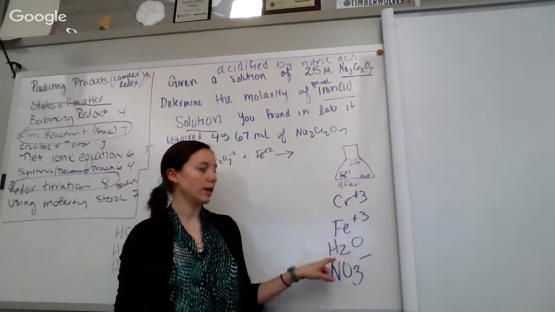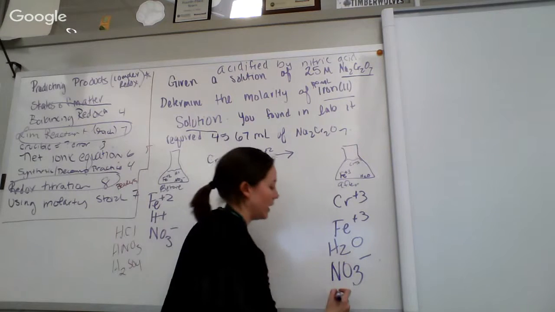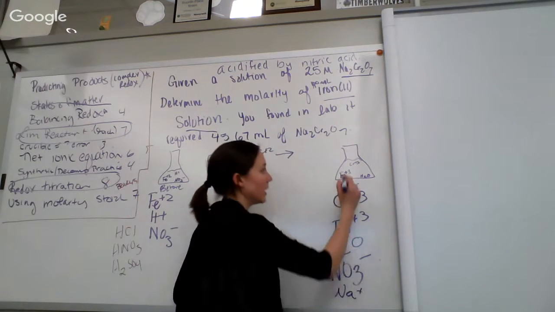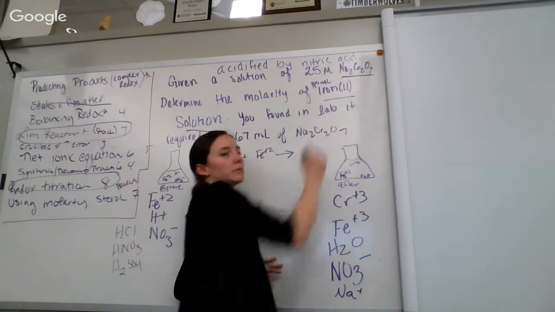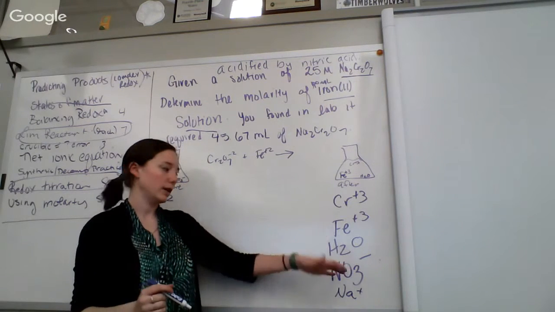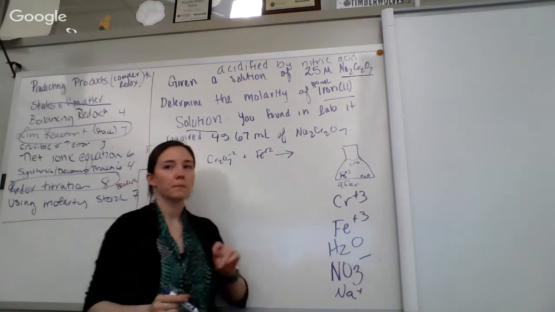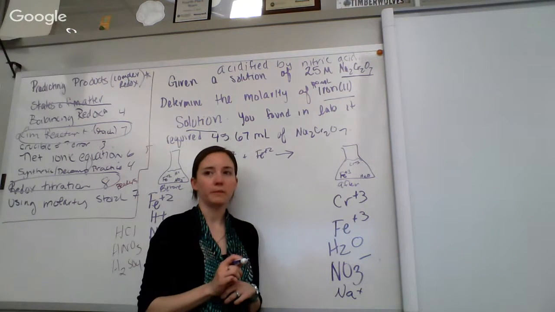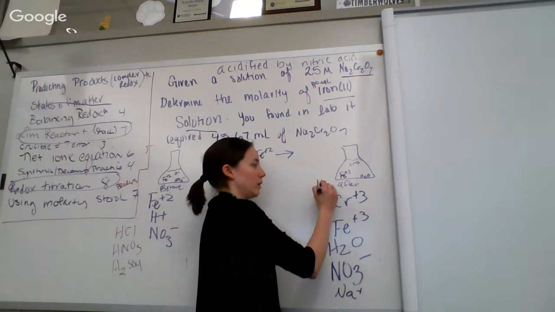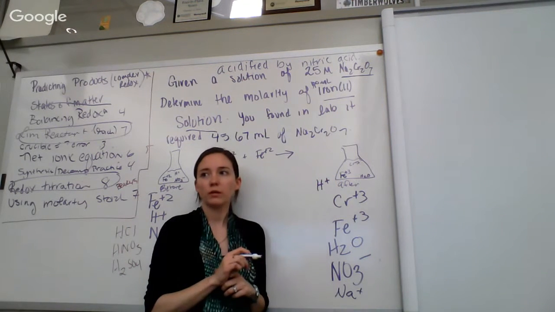The oxygen that's left would go to the water. We would for sure have Na though, because it was a solution of sodium dichromate. So as my dichromate was added, I definitely would put in Na. There should be at least one more ion in there. H plus is an optional one, but it's a good one to put in there.